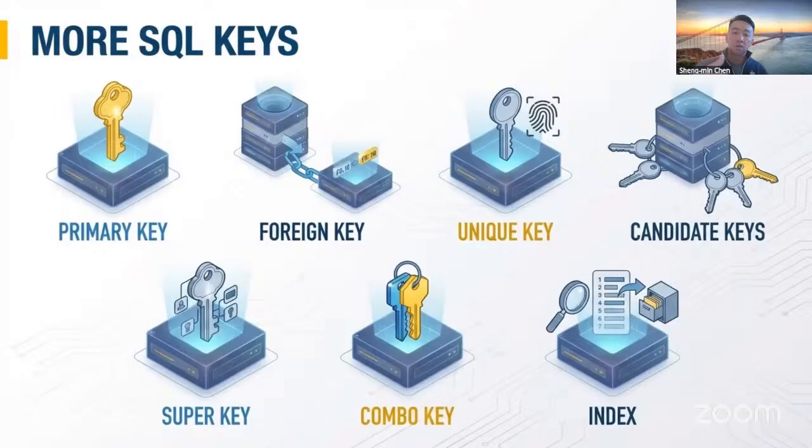They can still, as long as they have key-like integrity, be a candidate. So they are also part of the candidate keys. For example, emails, right?